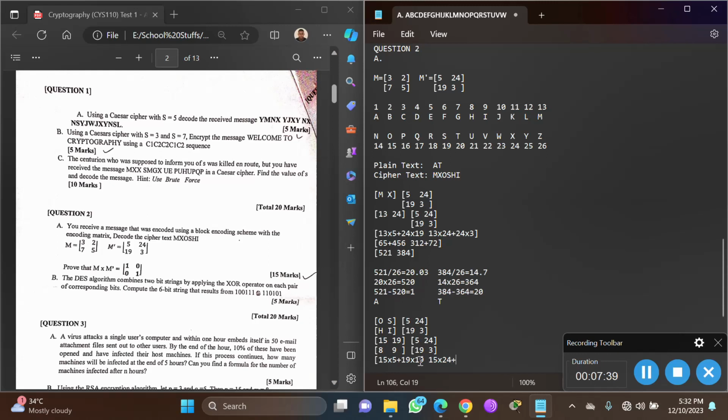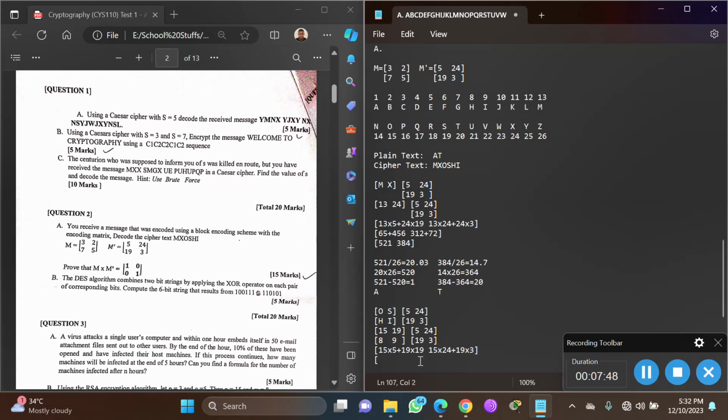Then we say plus, now we have 19 times 3. You are done for that one. Now for this one, we'll be saying 8 times 5, row by column. Then you say plus 9 times 19. You leave a space. We have 8 times 24. Then plus 9 times 3. Like that, we are done.